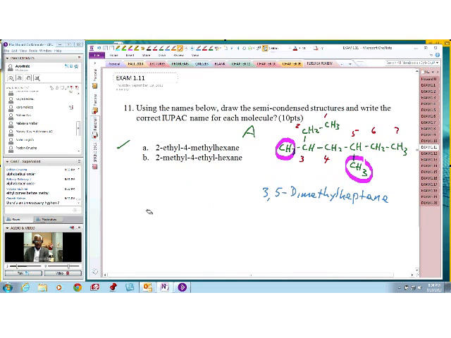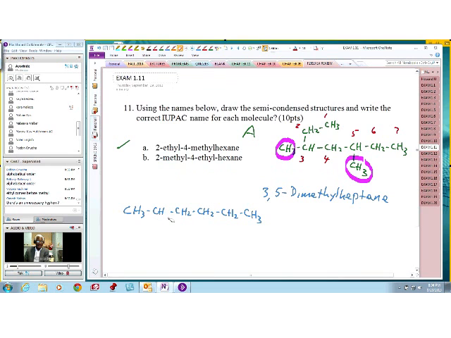Now let us take a look at this, and based on what we have there, draw the appropriate molecule. Say hexane is the base name or parent name. So that is hexane, and it says 2-methyl.